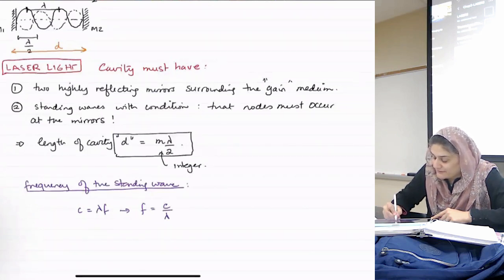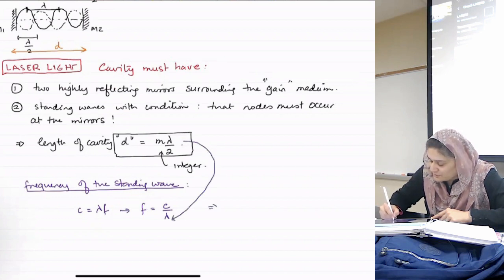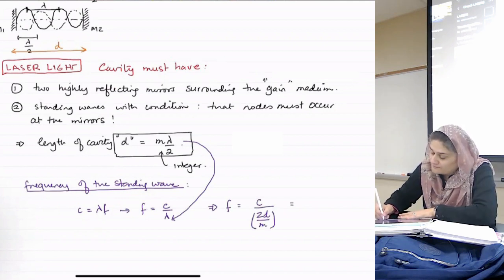I can find the value of lambda from here and plug it into here, which would be f equals c over 2d over m, or f equals mc over 2d.